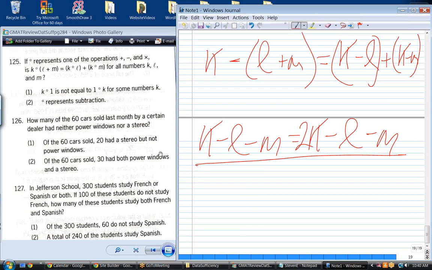So since multiplication was the only one we came up with, and 1 didn't answer it.